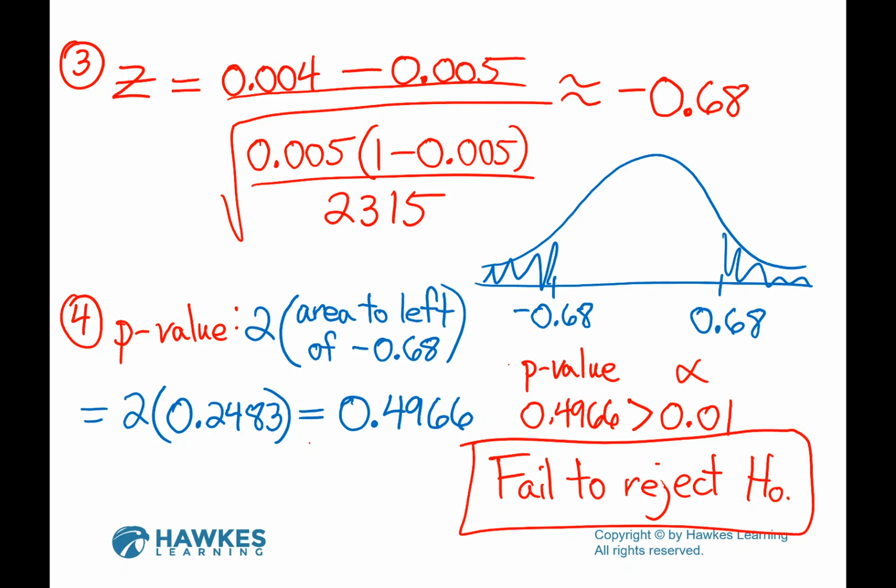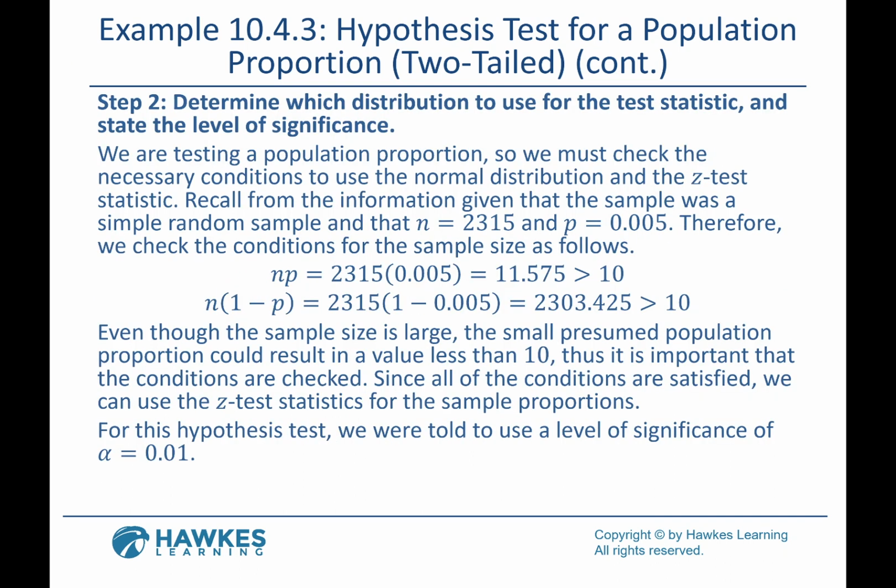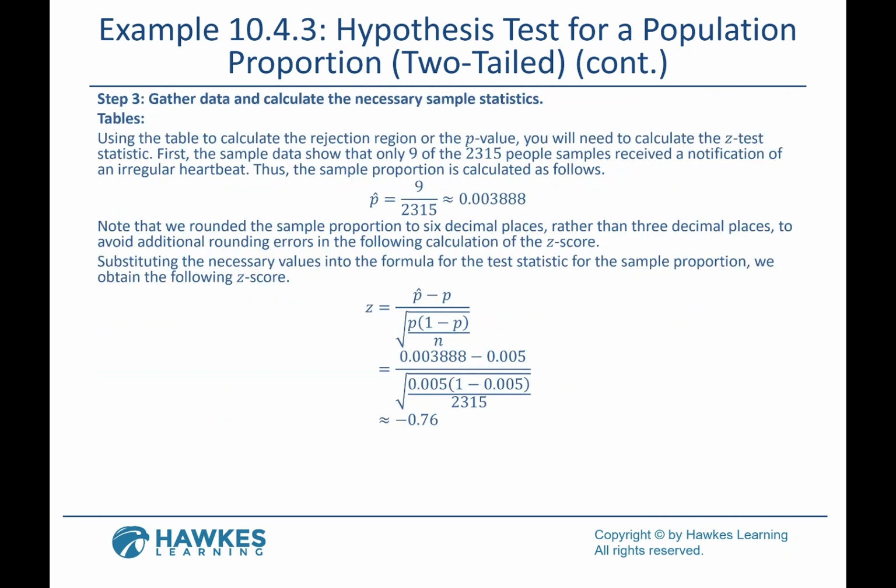Okay. Let's look at the textbook numbers. They kept 6 decimal places, so their test stat and p-value turned out a little bit different. And they get the same result on this one because it's so extreme. For their p-hat, they kept 0.003888.